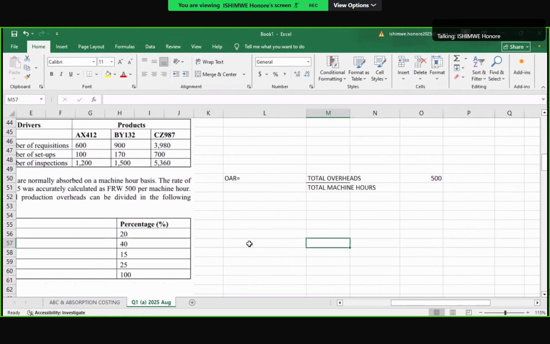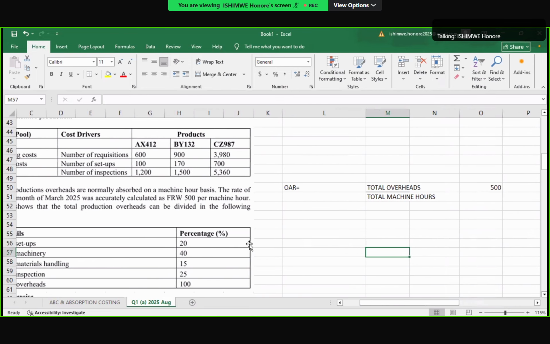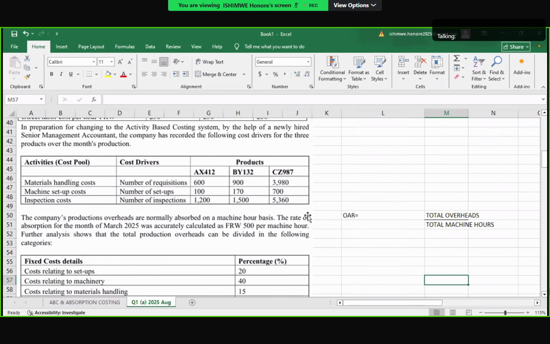So what should we do here? We know machine hours. Machine hours for the whole production, okay, not for the one unit, for the whole production.